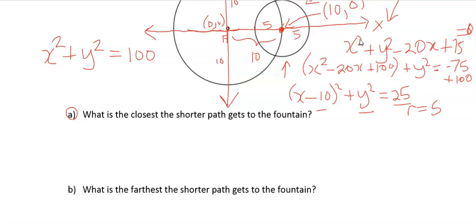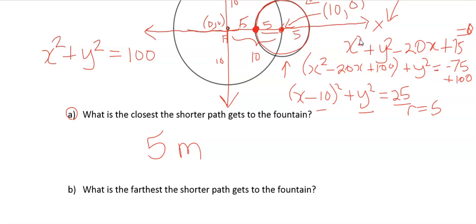Well, I think at this point right there, if you were walking around this small circle, this was your path, then right there is when you'd be closest to the fountain. Now, if the large radius is 10 and the small radius is 5 right there, ladies and gentlemen, that means that the closest you're going to get to that fountain is 5 meters. That's the closest you're going to get.